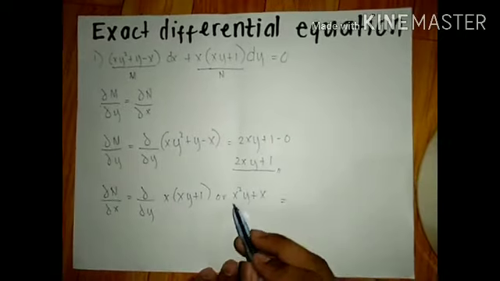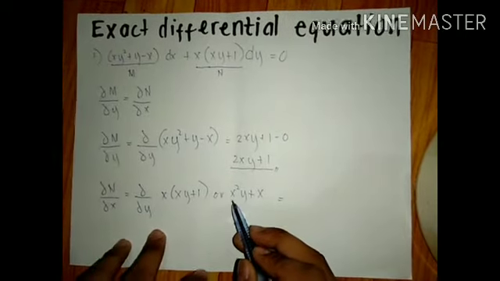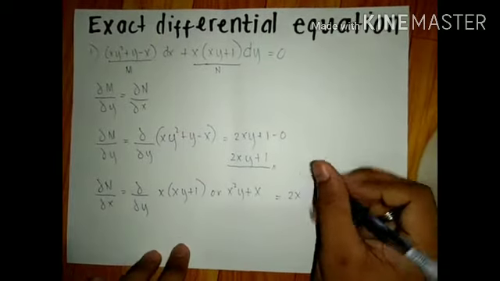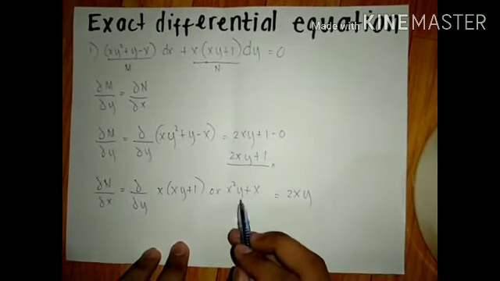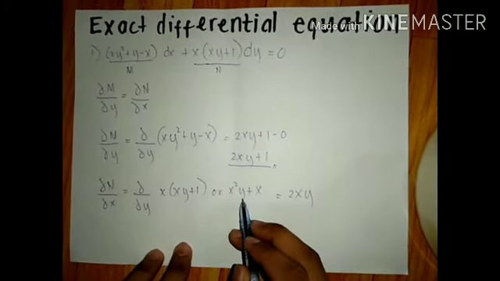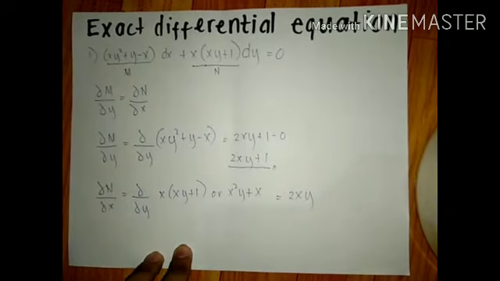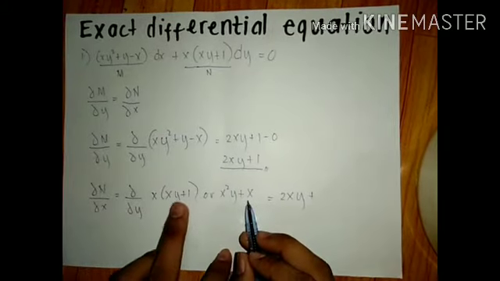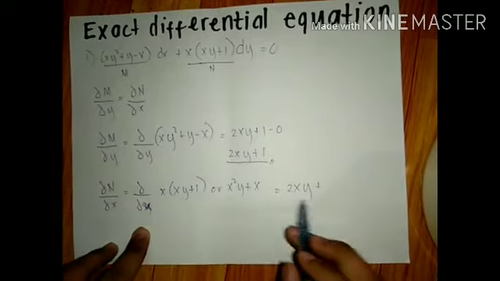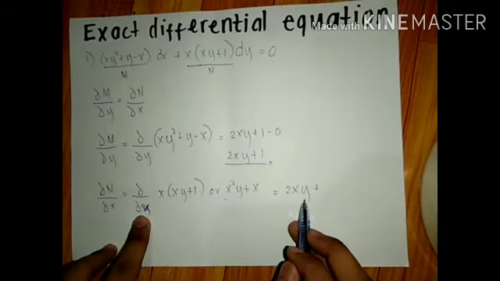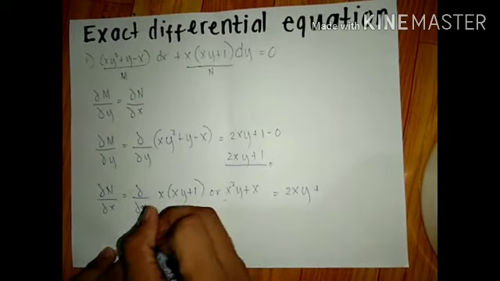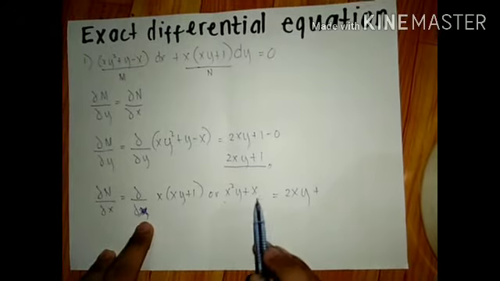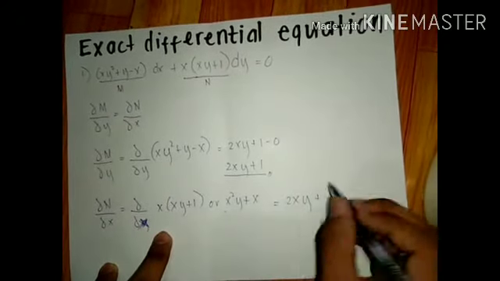So the derivative of x squared y is 2xy, copy y since it is a constant, plus the derivative of x, which is 1. So derive x squared, that is 2x, then copy y, plus the derivative of x, which is 1.